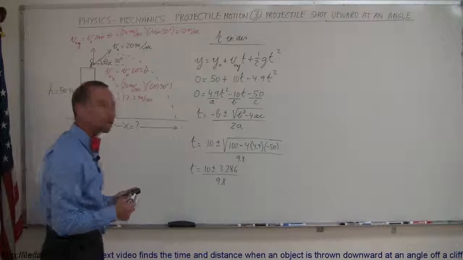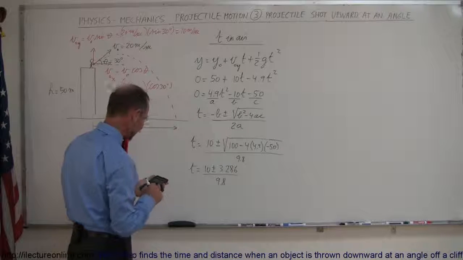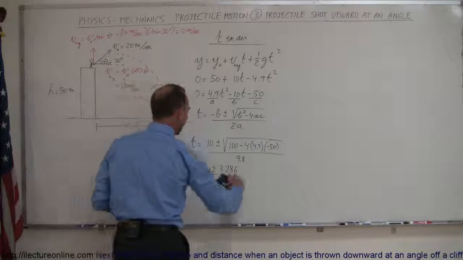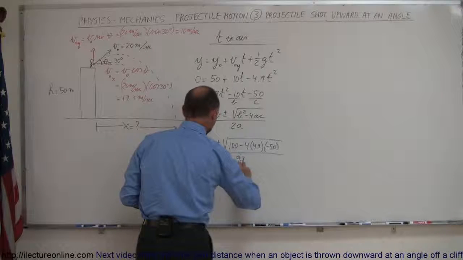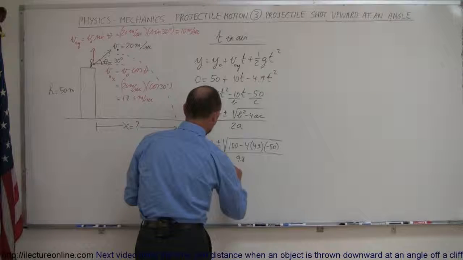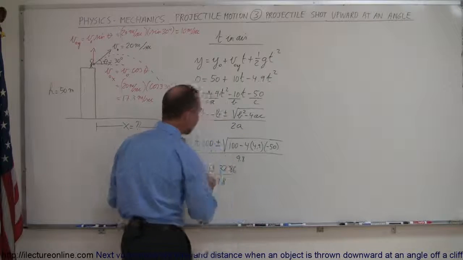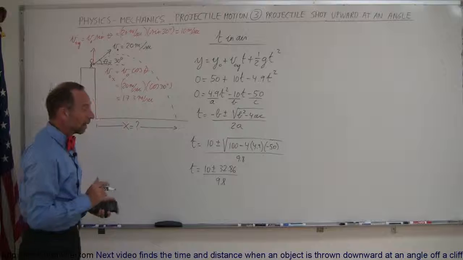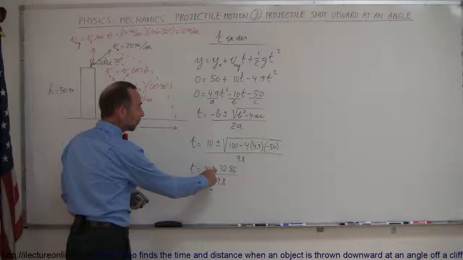Something is not right. Let me do that again, because I think that was, oh, I see. My decimal place is in the wrong place. I was going to say that doesn't seem right. So 32.86, that's better.